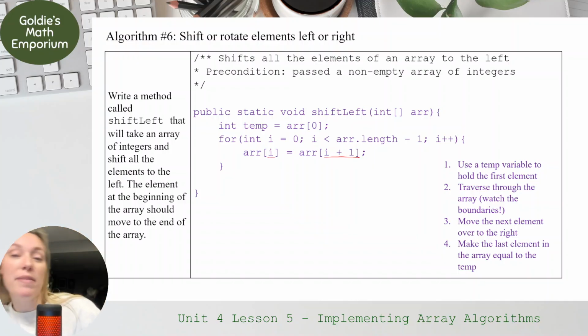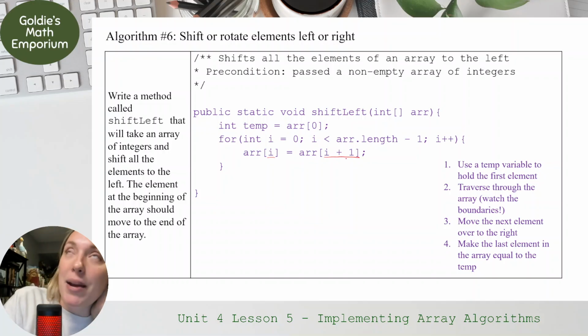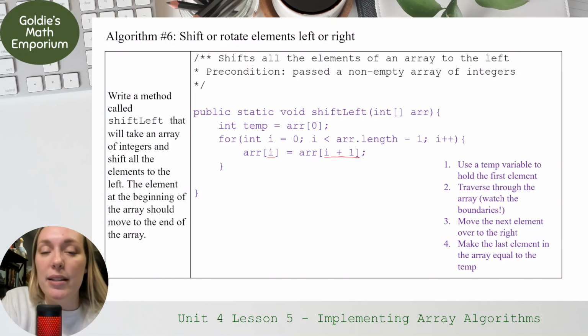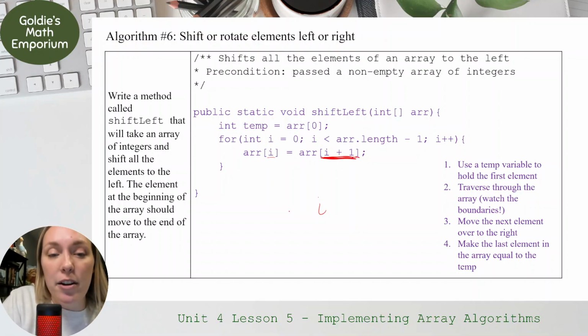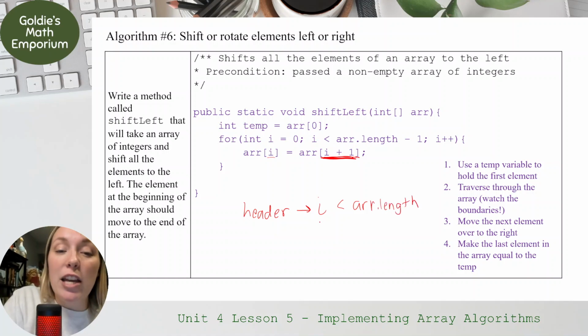And that's kind of the offset that we have to use. I don't want to say you have to memorize this offset, but it's kind of the pattern. If I use i in my header, i less than r.length, I can only use i in my body.